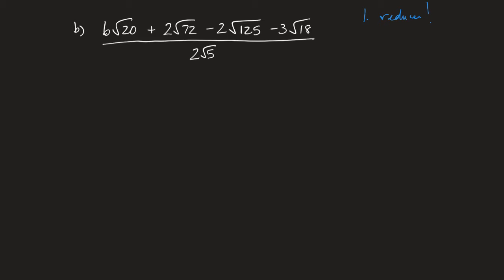But then we also notice that we've got a root 5 on the bottom. Now, if when we reduce everything on the top, they all become root 5s, well then we'll be able to divide out our root 5s and we don't even have to worry about the radical on the bottom. Or maybe that other strategy was, hey, how about I rationalize it to get rid of the root 5 on the bottom?